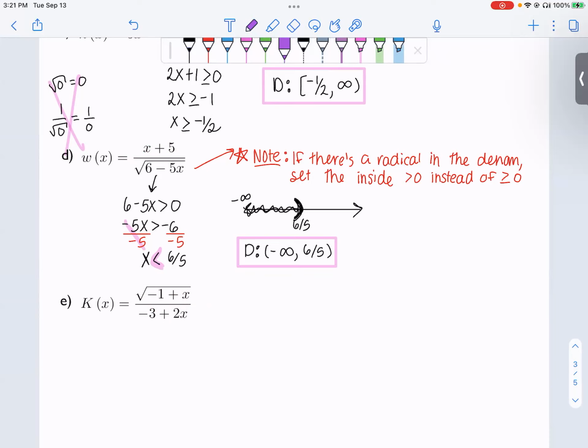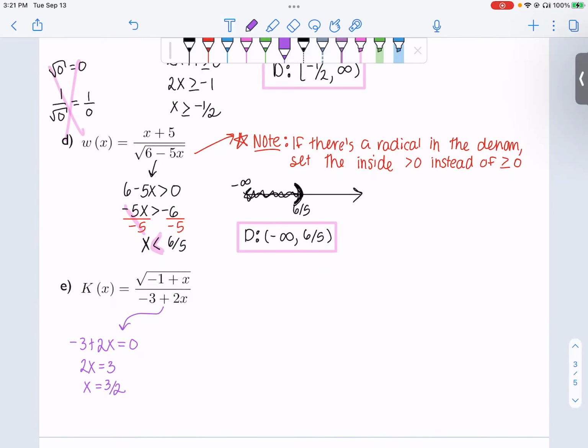So the first one, the denominator. We can't have any zeros in the denominator, so we're going to set negative 3 plus 2x equal to 0. Adding 3 over, we get 2x is equal to 3. Divide by 2, x is equal to 3 halves.